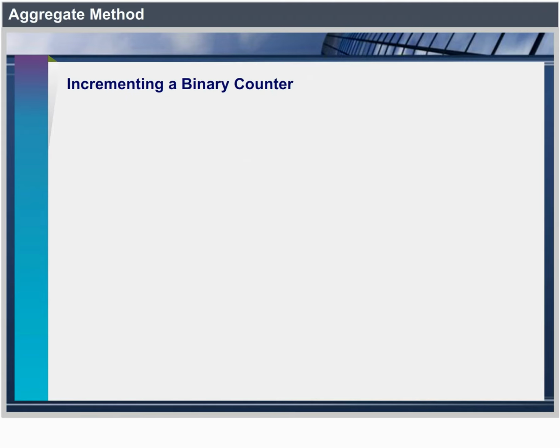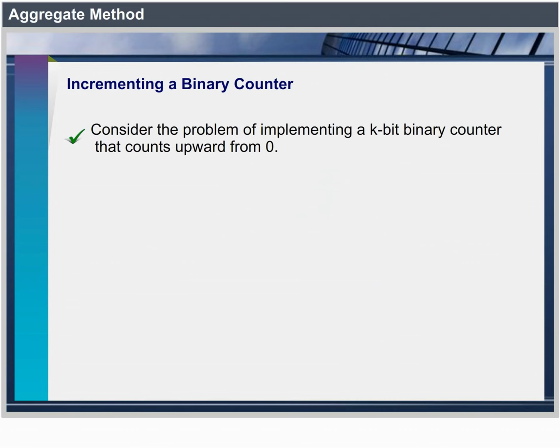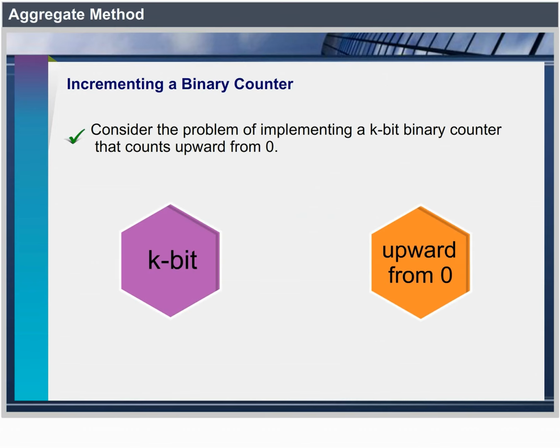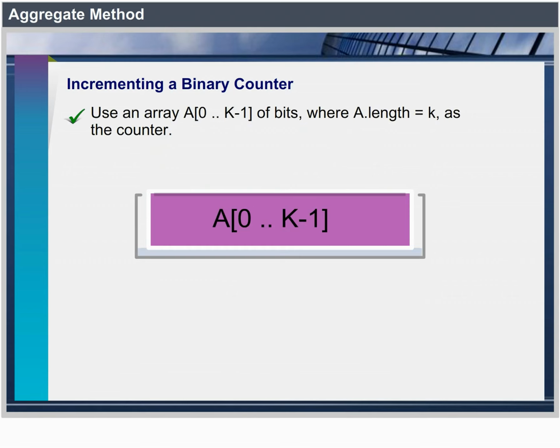Incrementing a binary counter. This is another example of aggregate analysis. Consider the problem of implementing a k-bit binary counter that counts upward from 0. Use an array A[0..k-1] of bits, where A.length equals k, as the counter.